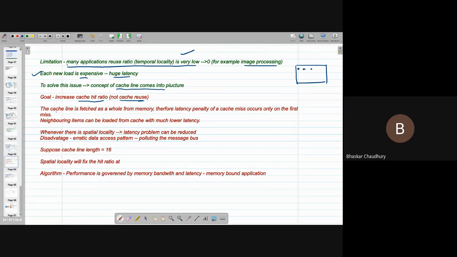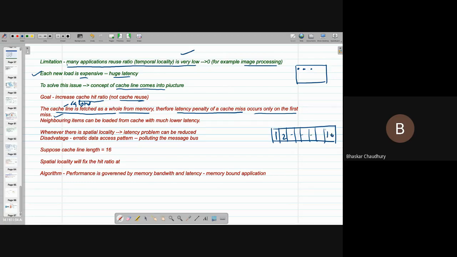What happens is the cache line is fetched as a whole from memory. The cache line is 64 bytes, so 64 bytes are fetched as a whole from memory. Therefore, the latency penalty of a cache miss occurs only on the first miss. Suppose I have 16 items, 1, 2, and so on to 16.